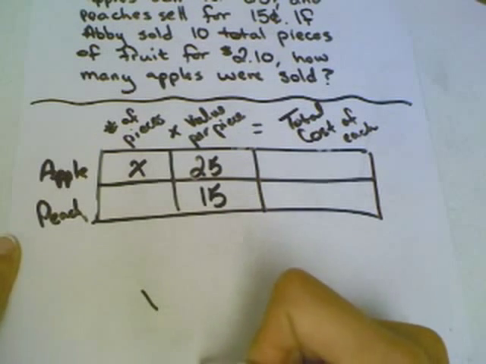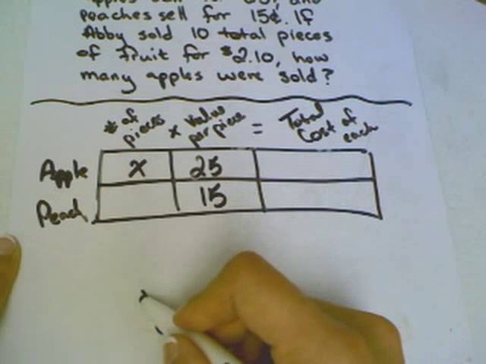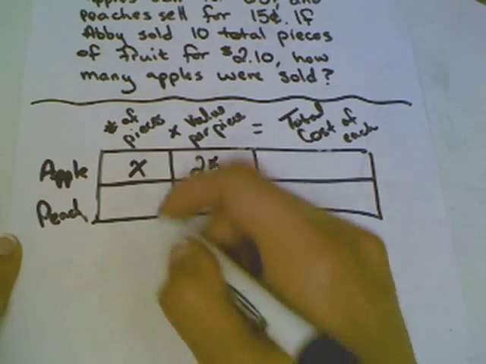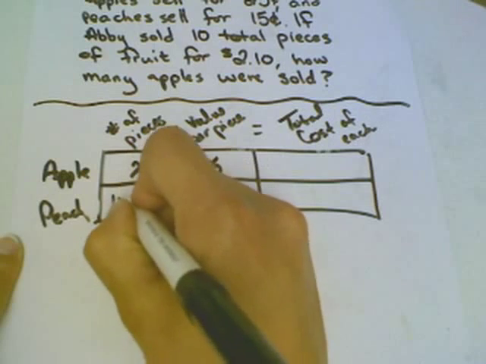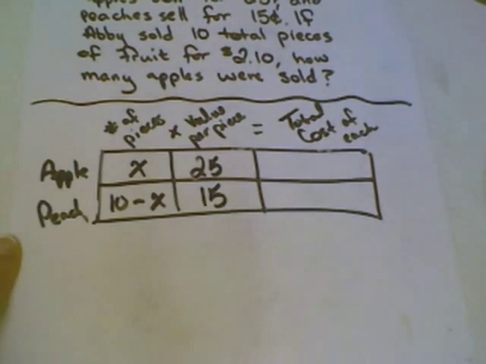And maybe only 1 apple was sold, then I know that 9 peaches were sold because 10 minus 1 is 9. So basically this expression is going to be 10 minus the number of apples sold. And in our case, that's x.